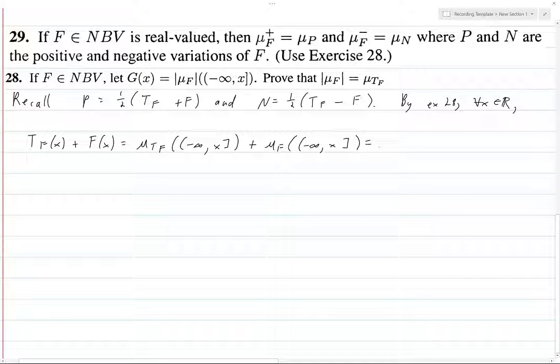We have mu f of negative infinity to x plus mu f of negative infinity to x. And then what is this? This is just equal to 2 times mu f plus of negative infinity to x.